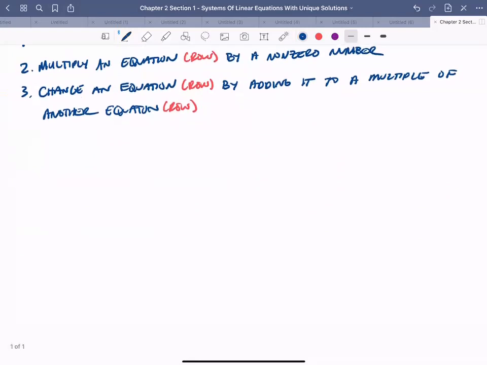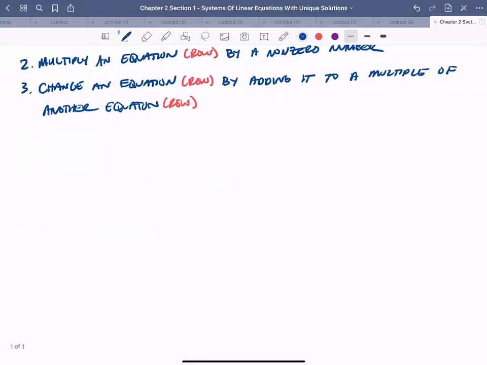All right, so for our first example, we're going to rewrite the system such that the leading coefficient in the equation is 1. Here's our first example, and we'll break it down into two parts.